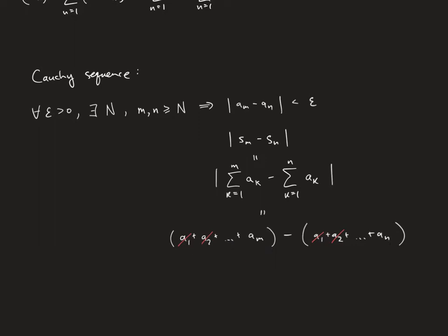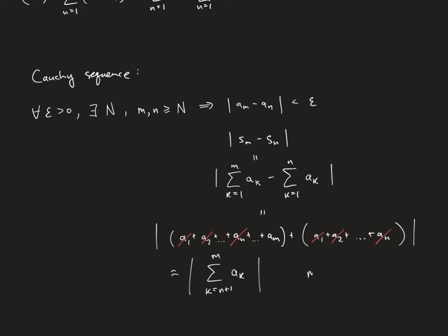So let me give myself a little more room here. You have plus dot dot dot plus an, and then we continue on to am, and we get this big cancellation. The an term canceled out, and so we would start our sum from k equals n plus 1 up to m, right? And of course we have absolute values around this.